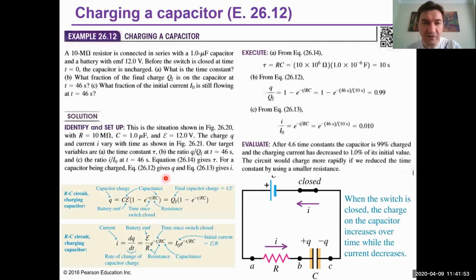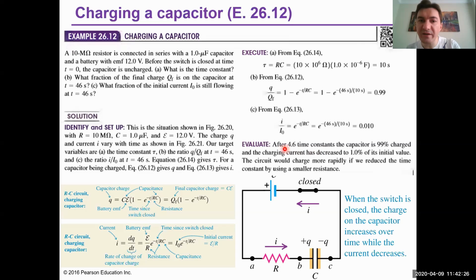So if you take the fraction of the final charge, Q over QF, it will be equal to 1 minus e to the power minus t over RC. So t is known, 46 seconds, put it there. RC we have already calculated, 10 seconds. Seconds cancel each other. Then Q over QF is 0.99.